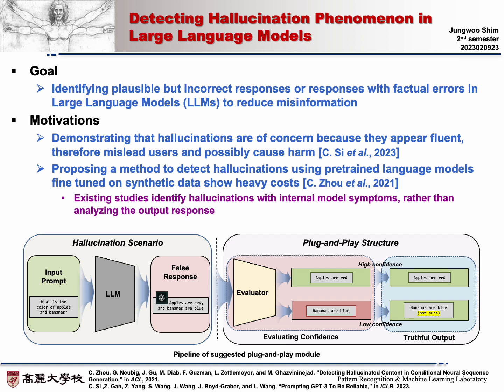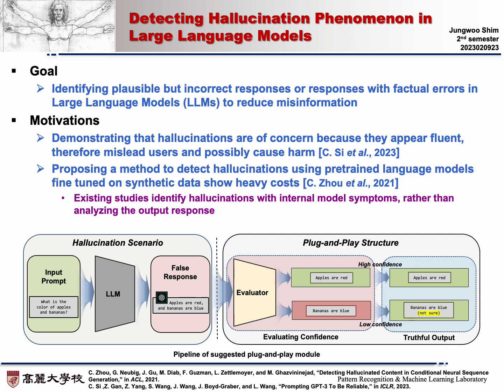So the primary goal of my research is to identify these hallucinatory responses, especially the ones that contain factual errors. The importance of this endeavor is clear. By reducing misinformation, we can ensure that users of these models receive accurate and reliable information.